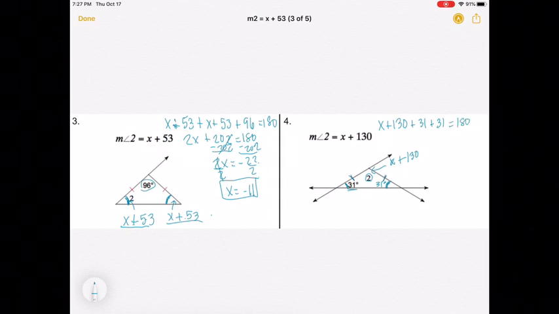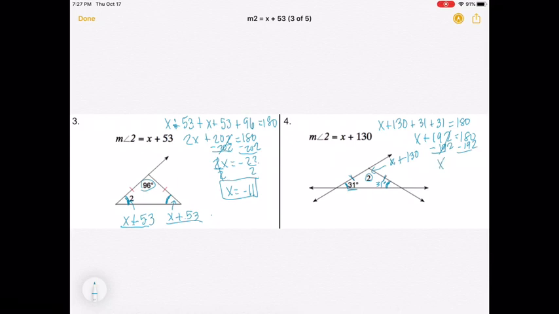Now go ahead and pause again to solve the whole thing. All right, if you're checking, once you combine like terms, you should have had x plus 192 equals 180. Subtract 192, x equals negative 12.